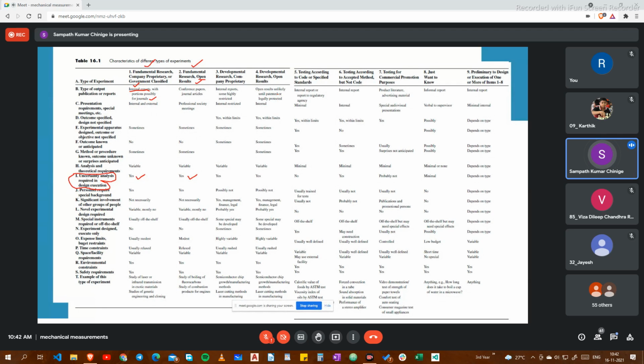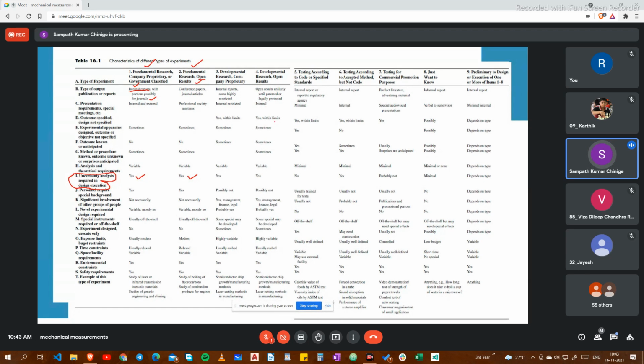So whoever wants to use it has to pay you a certain amount, and then they can use the output results. So these are basically developmental. One is proprietary and the other is open results. The proprietary results they will not give to anybody outside. But here we are confirming the patenting type of it. So: design not specified, outcome specified, within limits.